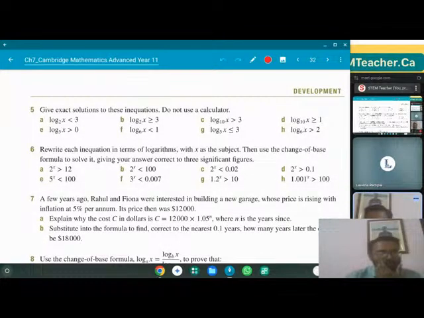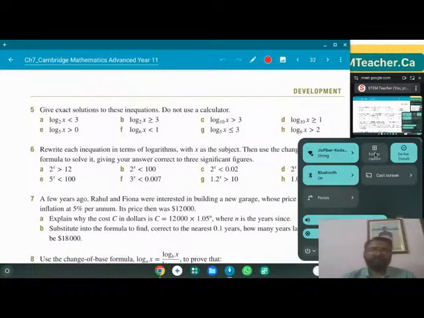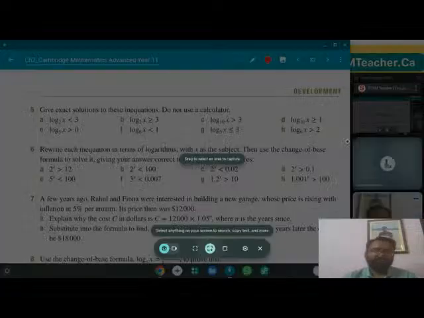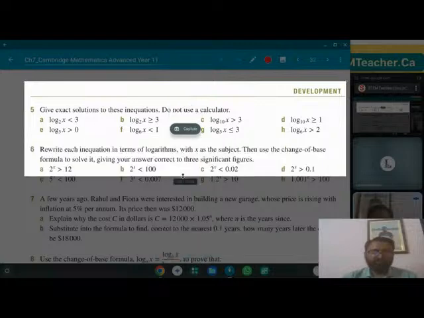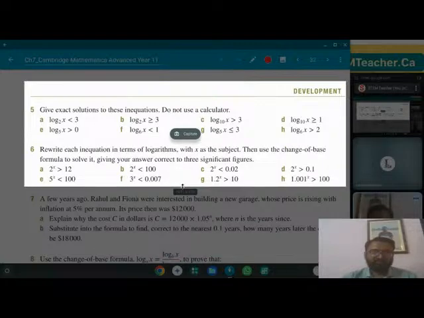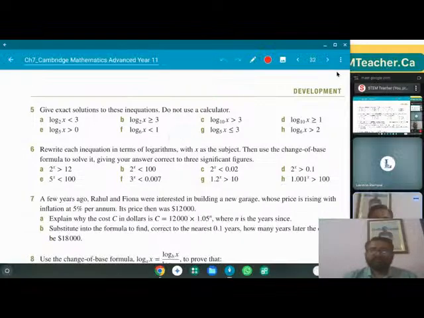Give an exact solution of these inequalities. Don't use the calculator. We will not use the calculator. I'm taking these problems up to set 1 and will try to take set 2. I'm adding a few PDF pages here.